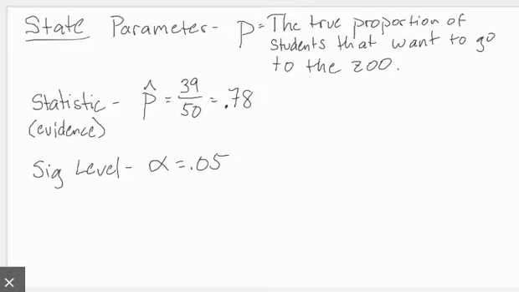Now, this is a little bit of a side note, a little bit of bonus material here. So I'm going to change colors. This is not a part of the process, but there's something that you should know about alpha. Alpha can be any percent, but 5% is the most common.